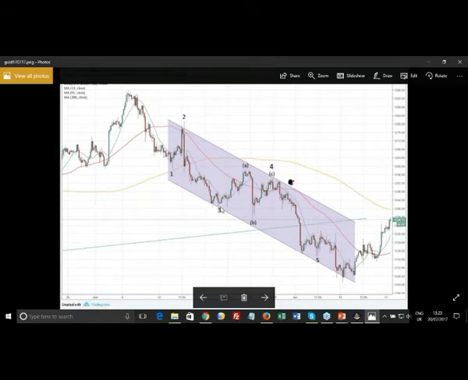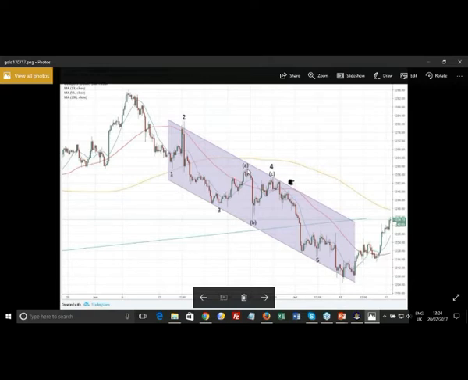Then we get a decline, which is the third wave. Another bounce. And at that stage, some people may call this bounce wave 4. I didn't call it wave 4 because we are looking at what we call an impulse wave in 5 waves.